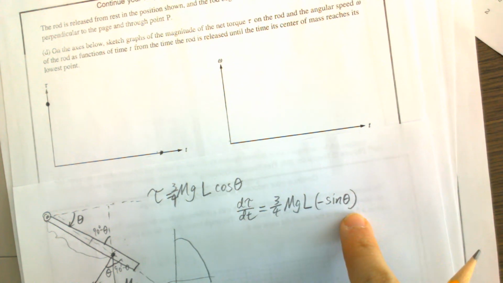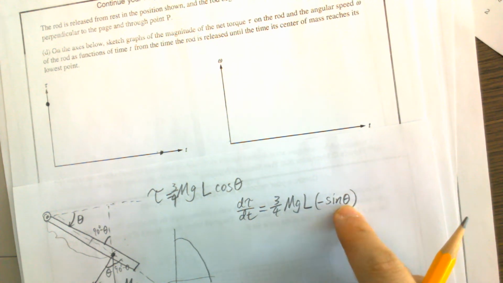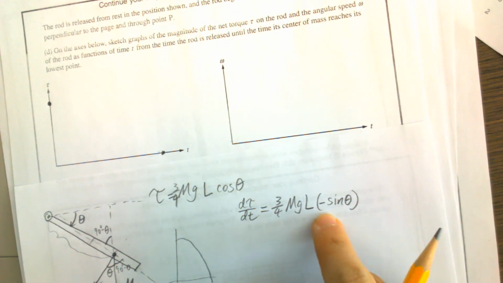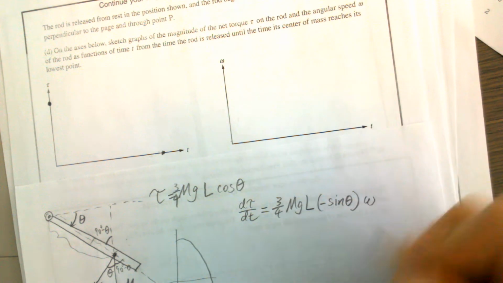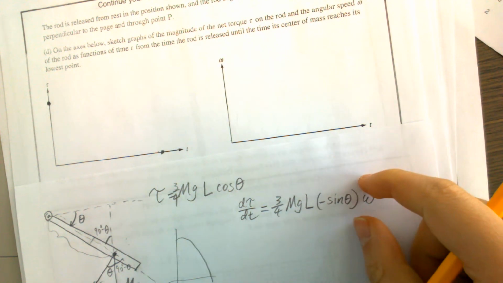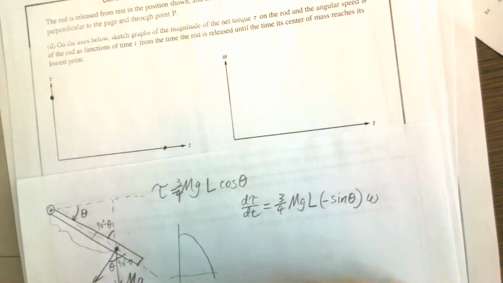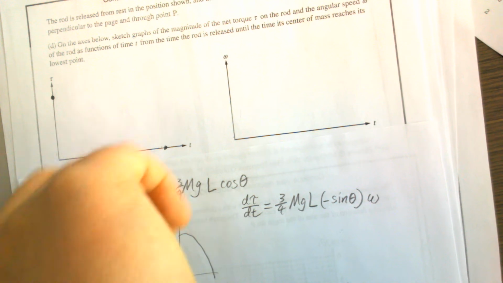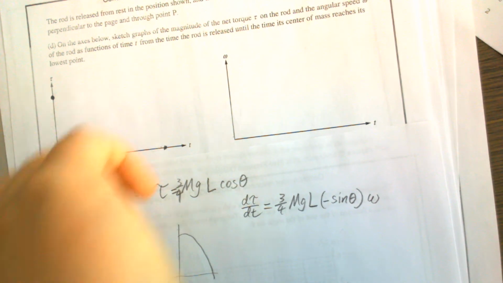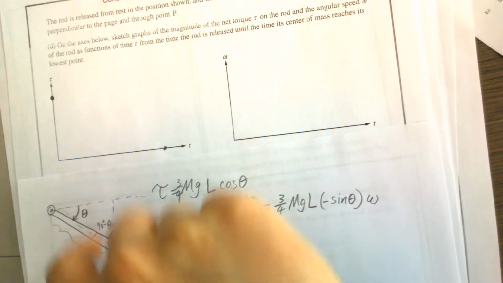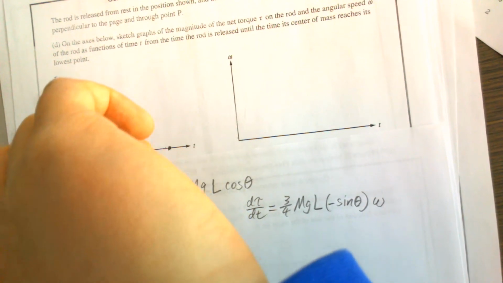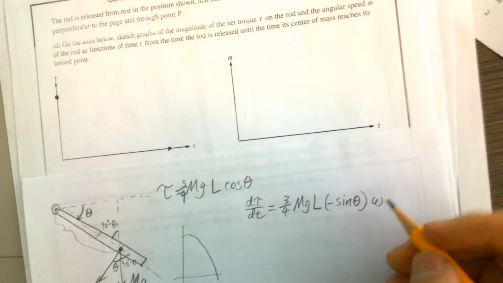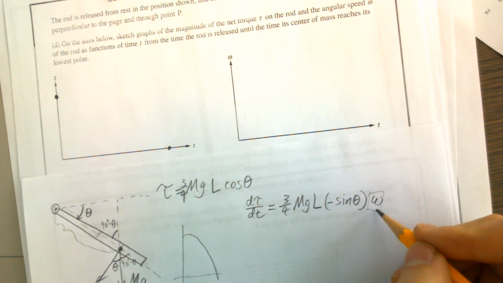The derivative of theta with respect to time is just omega. And we know omega should increase, right? Because we have a torque, there's always an angular acceleration, which means omega must increase. And we also know that omega is positive.